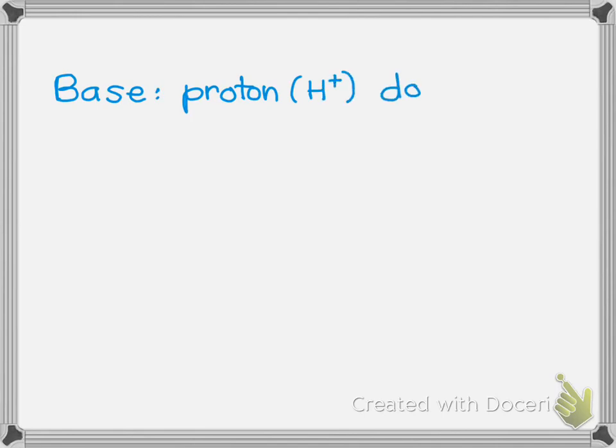Now the definition of a base, and I'll rewrite it on this one, is the base is a proton, which is an H plus, donor. And ask me in class if you're wondering how I'm saying proton is an H plus. Ask me in class and we'll talk about why H plus is called a proton. But so a base is a proton donor.